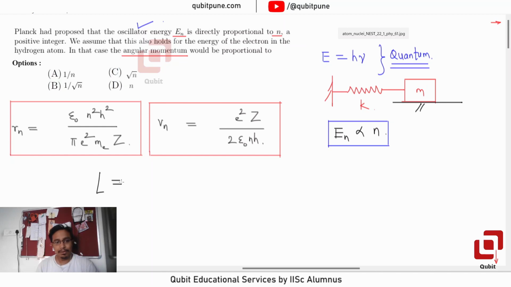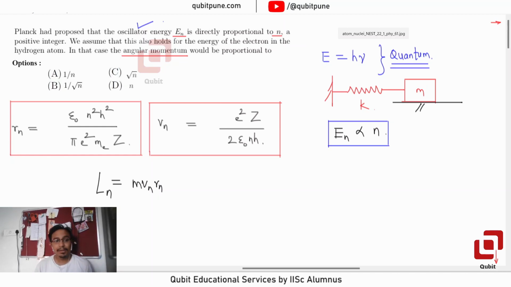Now you also have to know the formula for angular momentum, the magnitude, that is mvr or mvnr. I hope you understood this part. Angular momentum of the electron, orbital angular momentum in the n stable state, is mvnr.